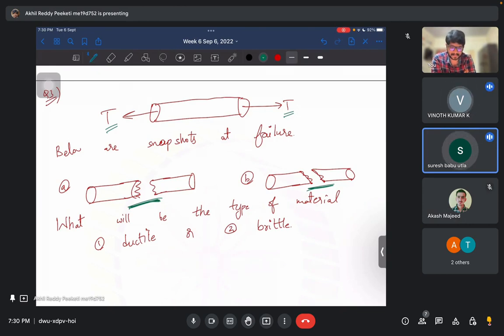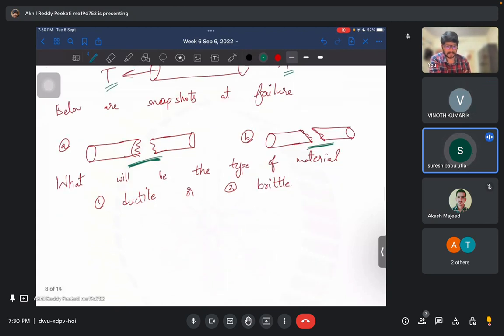Yes, that is the correct answer. So the actual answer is B is ductile and A is brittle.